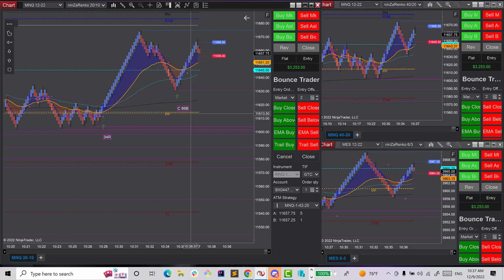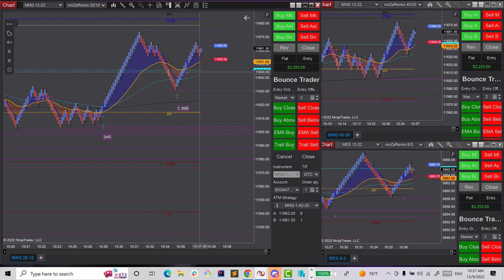Let's see what it's gonna give us. Yeah, I'm still looking for longs. We're angulating long, so I'm waiting for a comeback to 34 EMA, make a bounce, and price continues to go up.